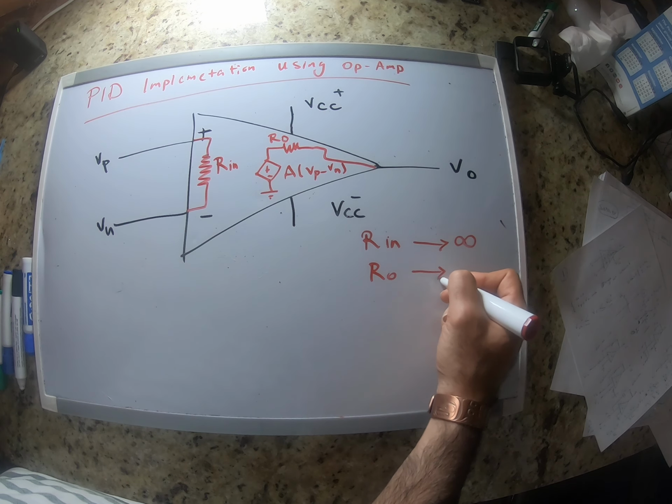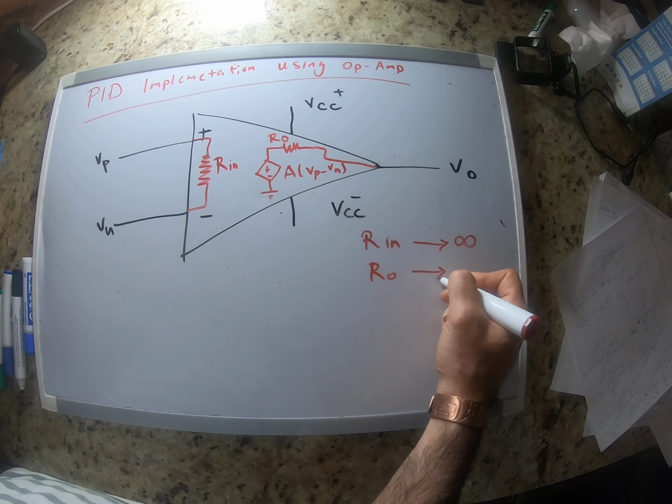Now, there's no infinite resistance and no infinite gain. These are just very huge numbers, and the op-amp tries to keep these two voltages the same.